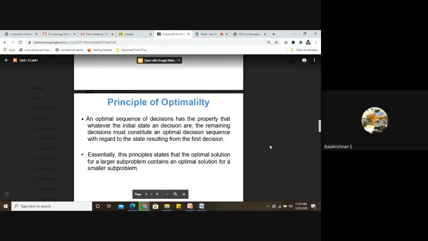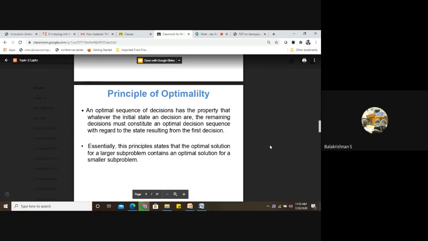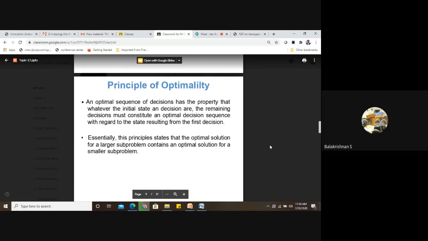Essentially, this principle states that the optimal solution for a larger subproblem contains an optimal solution for a smaller subproblem, so we are going from larger to smaller, top to down. That's why dynamic programming uses both the top-down as well as the bottom-up approaches.